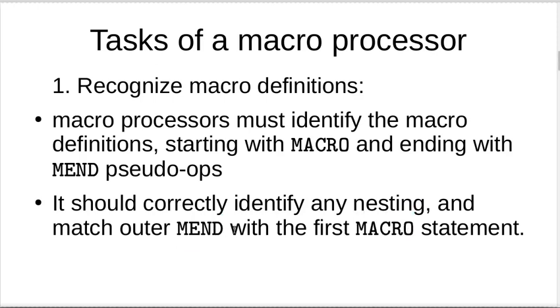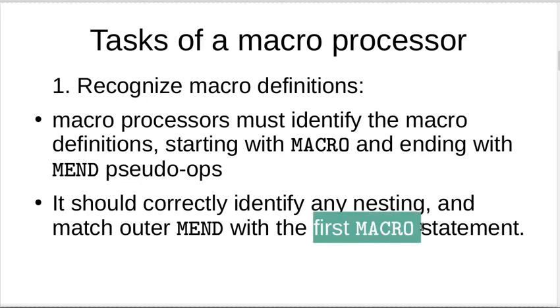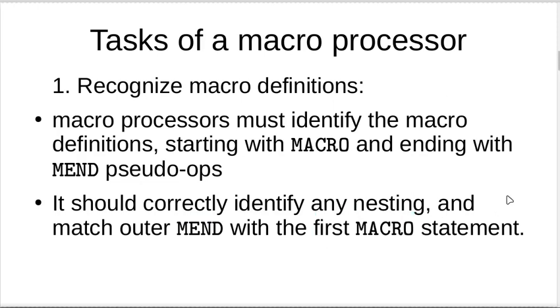Obviously the last macro end statement is supposed to be ending the definition for the first macro statement. So the macroprocessor has to determine where each macro is starting and where its definition is ending. This is the first role of a macroprocessor.